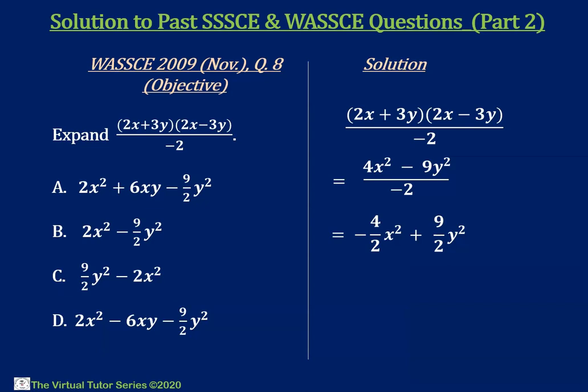Now, 2 into 2 is 1 and 2 into 4 is 2. So the expression becomes negative 2x squared plus 9y squared over 2. This can be rewritten as 9y squared over 2 minus 2x squared. Therefore, the correct answer is option C.